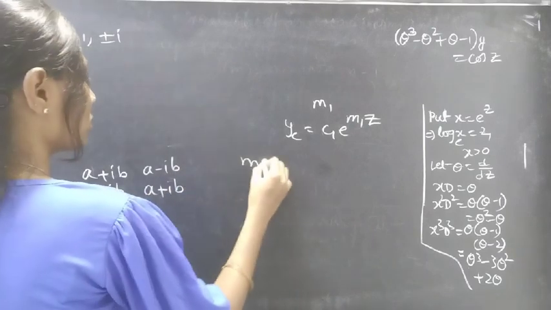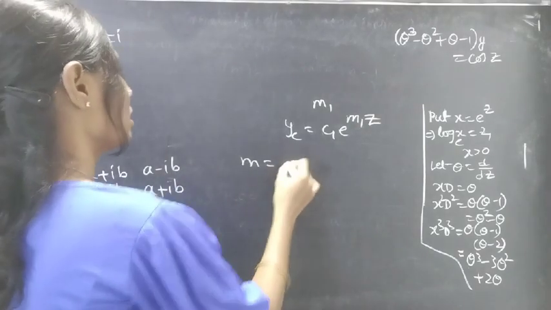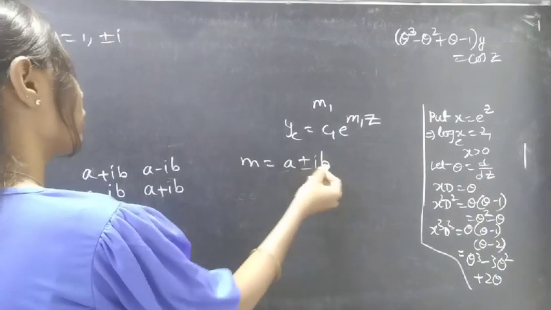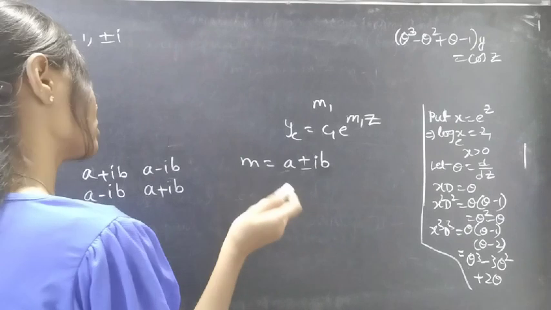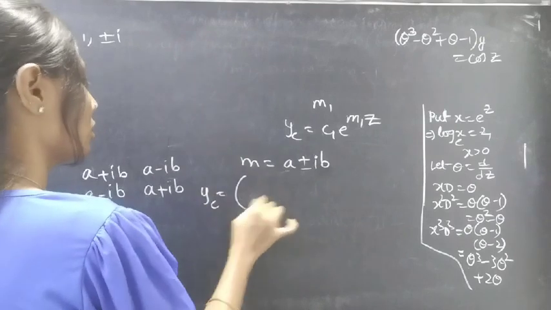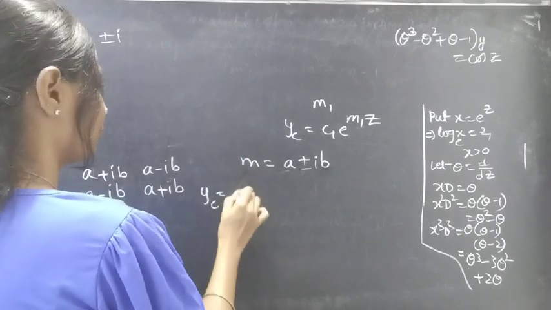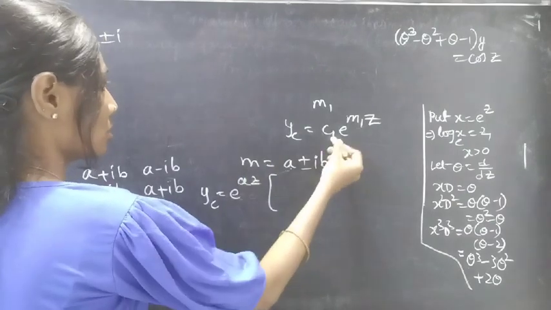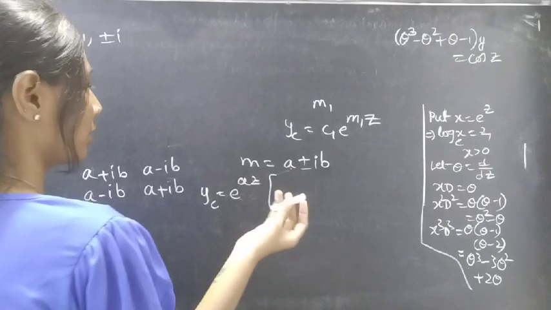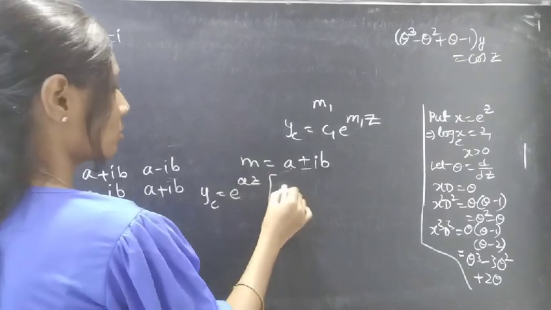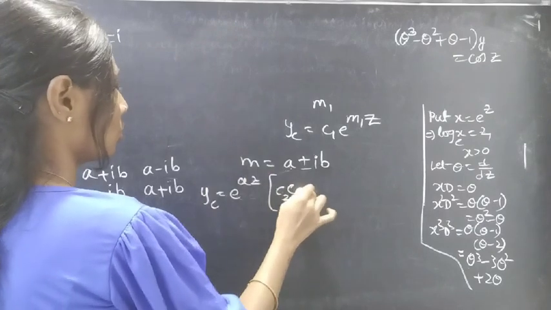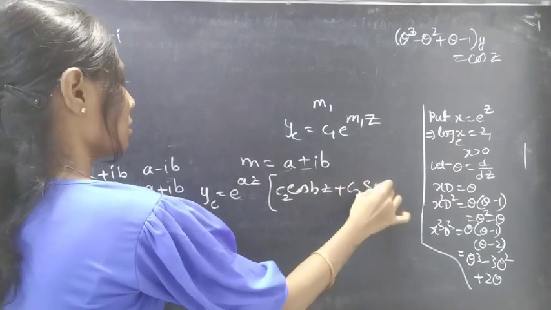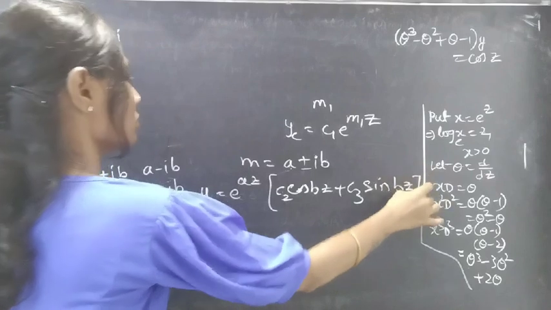So we call m equals a plus or minus ib a pair of complex conjugate roots. If we have a plus or minus ib complex conjugate roots, then yc looks like e power a into z into, take two constants. Here we have used c1 already, right? So let's take c2 and c3 as our constants. We'll get c2 cos bz plus c3 sin bz, right?